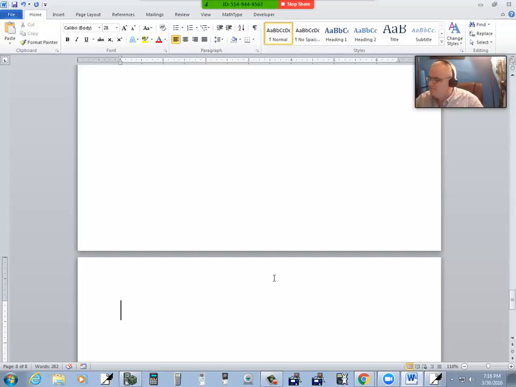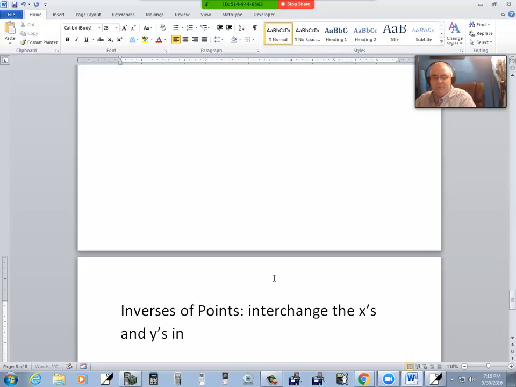And it looks like the next section is mainly graphing. Okay, inverses of points. What you do is you interchange the x's and y's in the points. So let's take a look at an example of that.